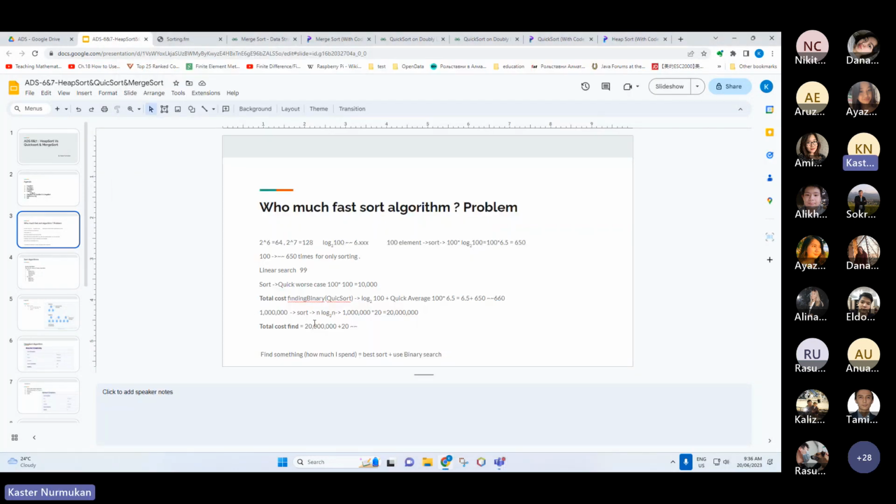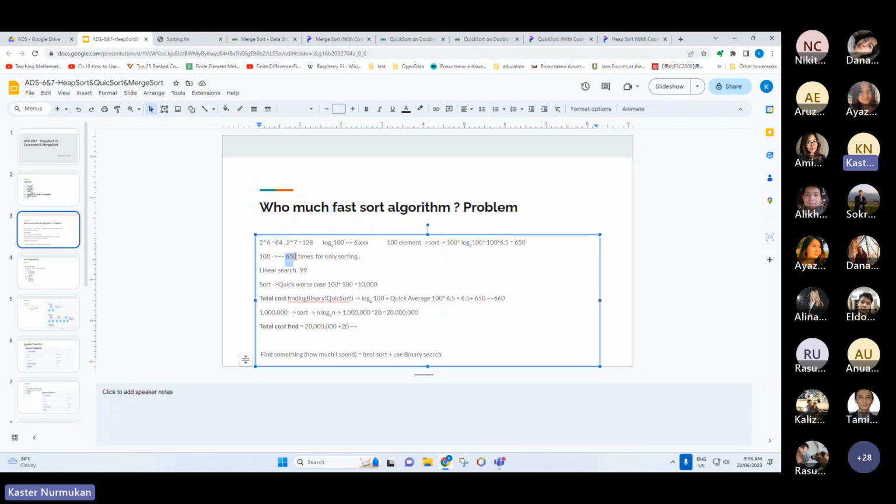So the problem is, if I'm using it just one time, it's not wise to apply the sort algorithm. You don't need to use binary search. But if I frequently reuse it, then binary search is very useful. But the sorting is very costly, as you can see: a million elements is 20 million, 100 elements is 650.